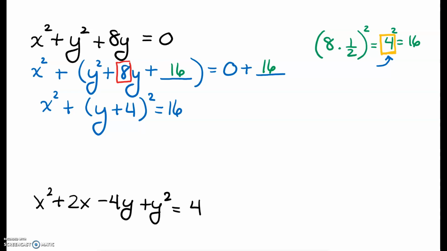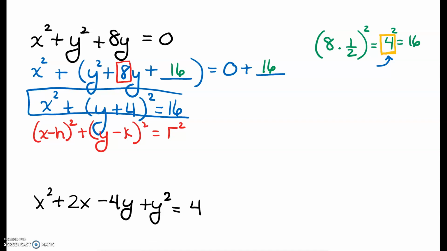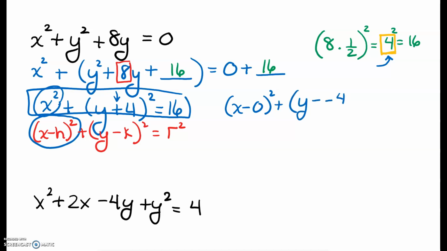Again, I have to compare this to the standard form. So this is the equation of my circle. But now I want you to notice I'm not subtracting anything from the x before I square it, so I'm really subtracting a 0. And the y term has the wrong sign, so I have to fix my sign here. And what squared is 16? 4 squared.